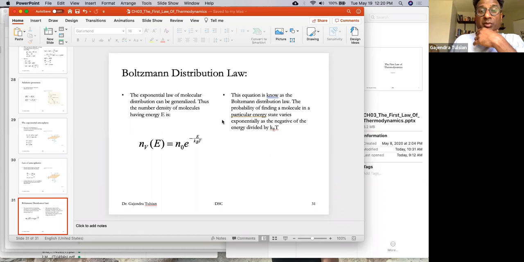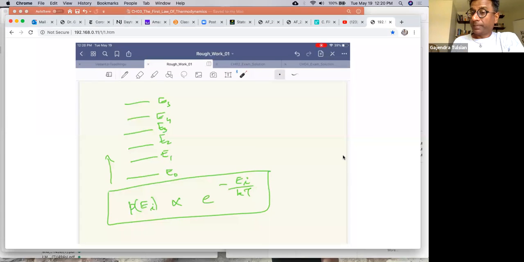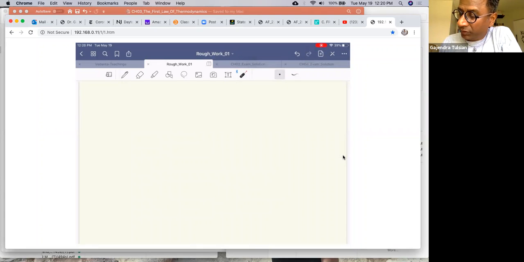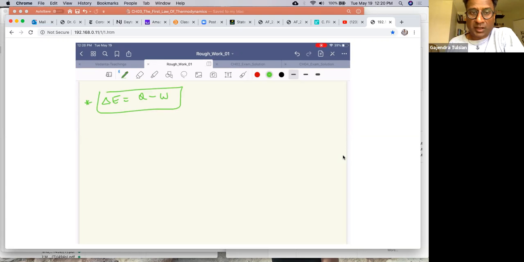Again, let me briefly summarize what we learned. We saw the first law of thermodynamics, which states the change in internal energy is Q minus W. The change in internal energy is equal to the heat added to the system minus the work done by the system.